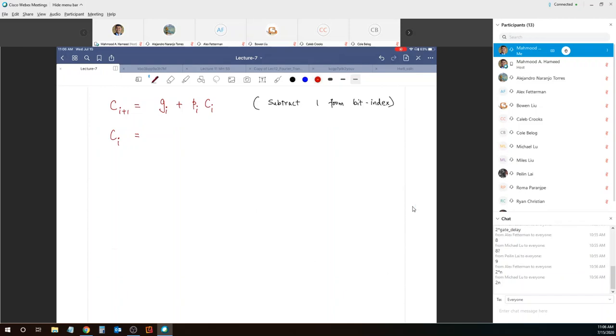What do you get? C sub i will be g sub i minus 1, the previous generate function, or p sub i minus 1, c sub i minus 1. Let us write this as equation 1. This is equation 2.